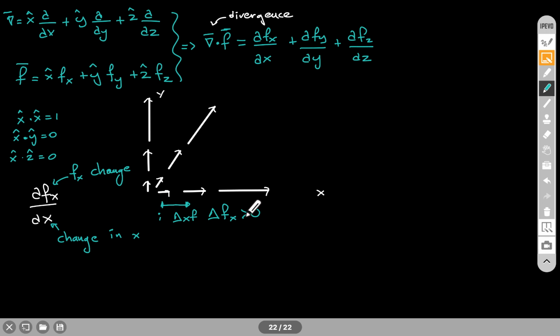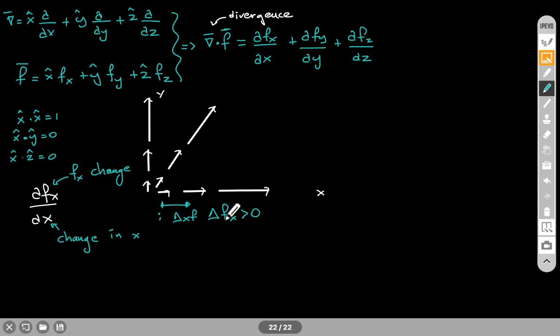Even if you look at these vectors, you go from here to here, you think about the x component of the vector on the x-axis. As you go from the initial to the final, yes, there is a change. Anywhere you look at it, there will be a change as you go from a smaller x to a larger x.